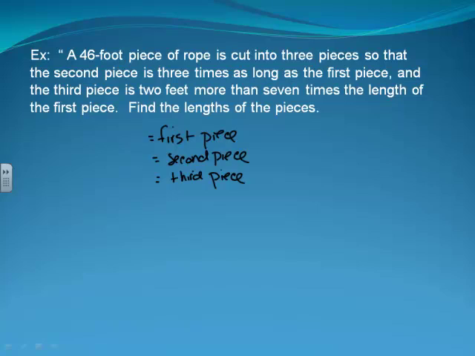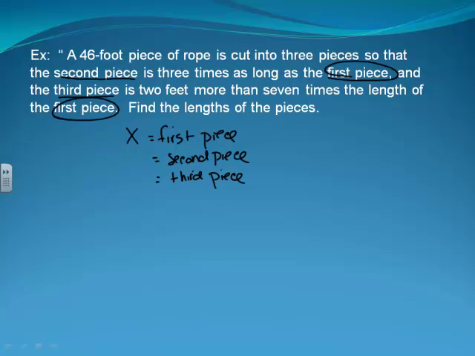So if we read the problem again, notice it says that the second piece is 3 times as long as the first piece. So the second piece relates to the first piece. And the third piece is 2 feet more than 7 times the length of the first piece. So both the second and the third piece are related to the first piece. So we're going to let x be the first piece.